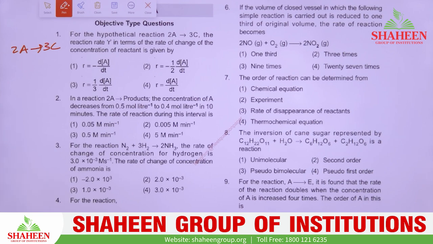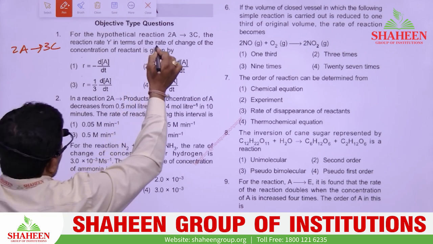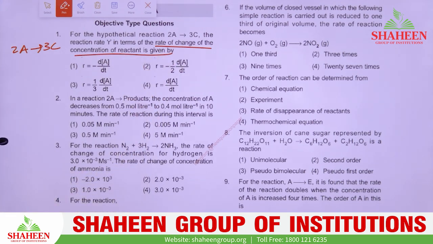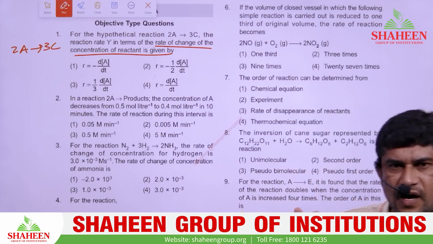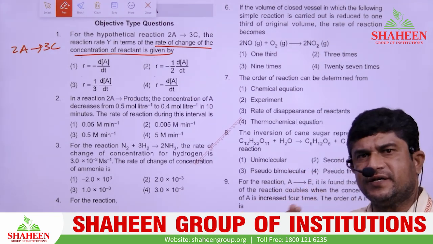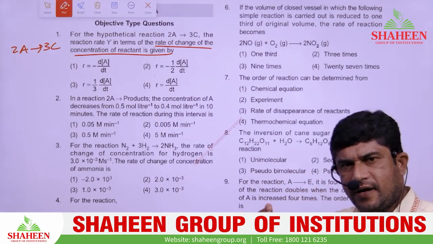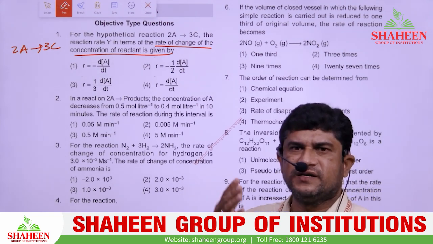So the rate of change in the concentration of reactant. As the reaction progresses, the concentration of reactant decreases and the concentration of product increases.